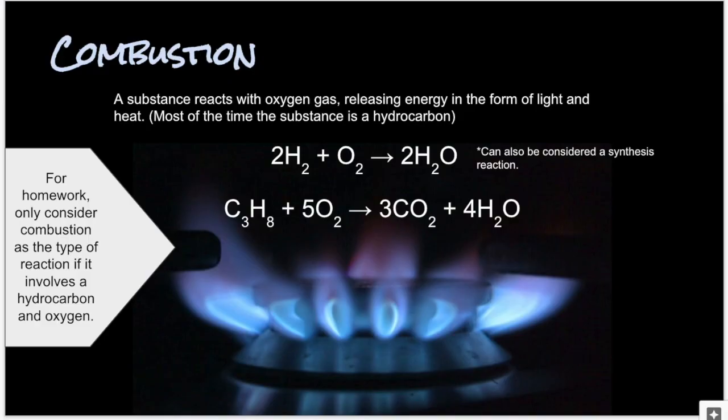And then combustion, like I said, was one that we've been talking about for the first half of this chapter. A substance is going to react with oxygen and release energy in the form of light and heat. Most of the time this substance is going to be a hydrocarbon, and I would like you to consider, whenever doing your homework, that a chemical reaction is only considered combustion when a hydrocarbon is involved.